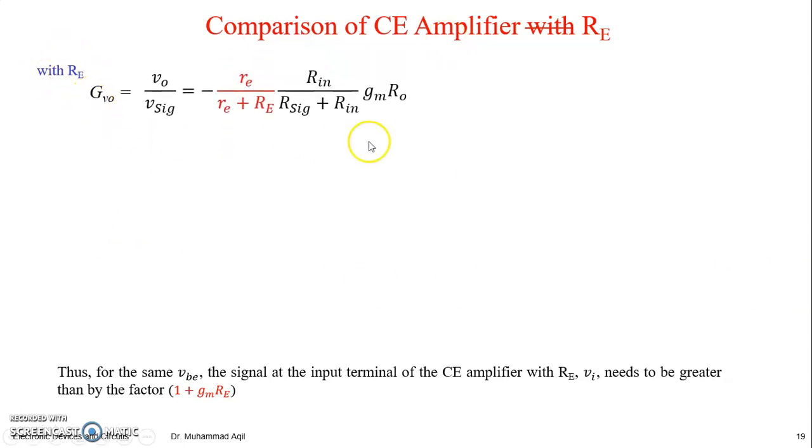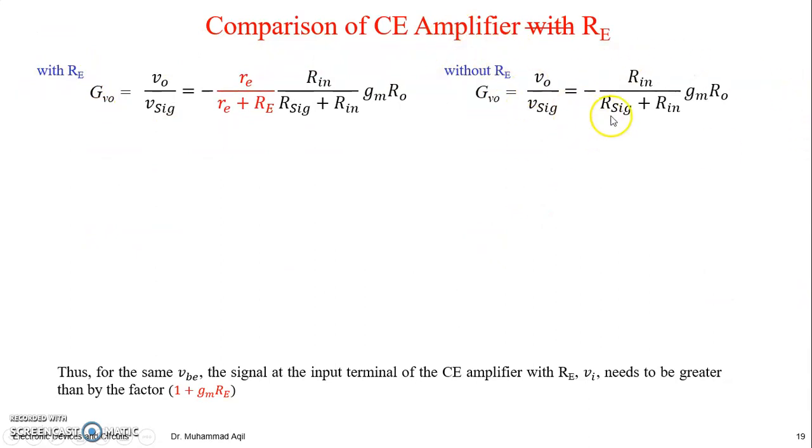So with Re we have this gain relation, without Re we have this gain relation. All the things are the same except this relation, because of the presence of this resistance, which now comes in series with this one. So Vbe is equal to re divided by re plus Re, times Vi, whereas here Vbe is equal to V pi, which is Vi, and Vi is this one multiplied by V signal.